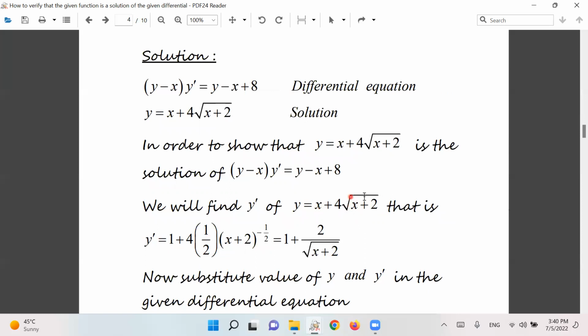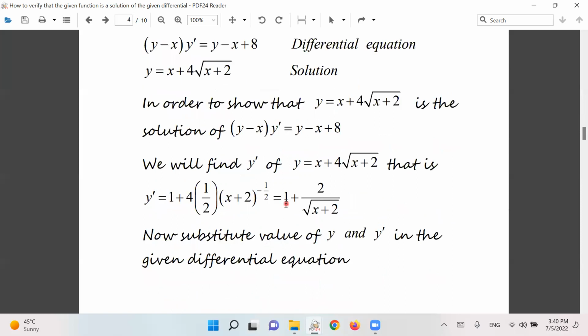This is 1 over 2, so 1 over 2 will be coming over here, and 1 over 2 minus 1. To take the derivative of exponents, it is just the rule. So it will be coming to 1 over 2, and this will be x plus 2 having the power of minus 1 over 2. So the answer will be 1 plus 2 over the square root of x plus 2. So this is the first derivative, or the derivative of y.